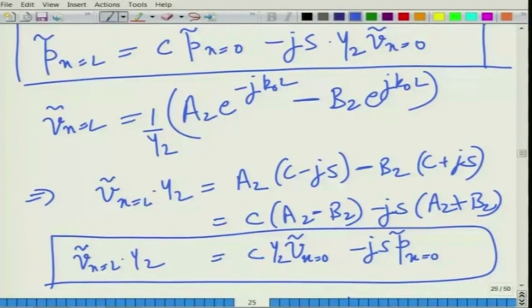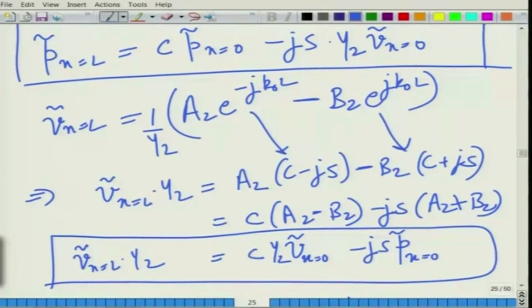Now, volume velocity similarly can be expressed as 1 by Y2 times A2 into a complex exponential minus B2 times another complex exponential. As usual, just to simplify terms, we multiply both sides by Y2 and expand these terms using the Euler formula.